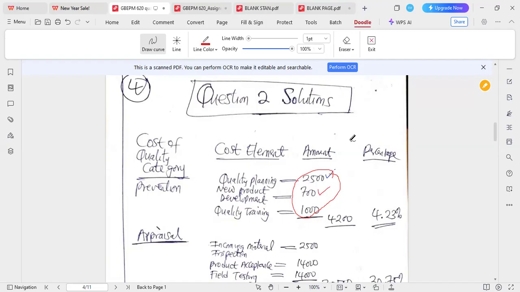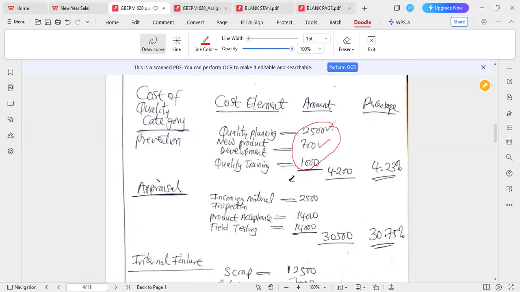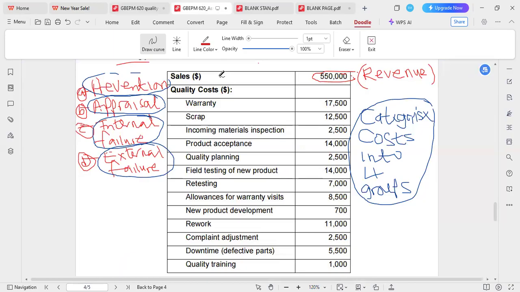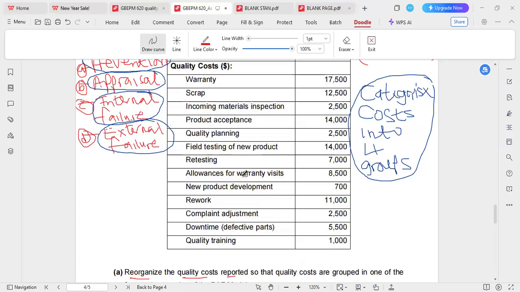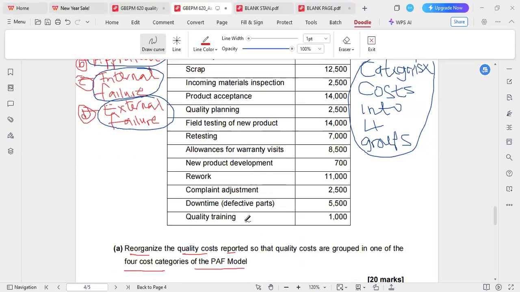Then we have quality training, which is also prevention.